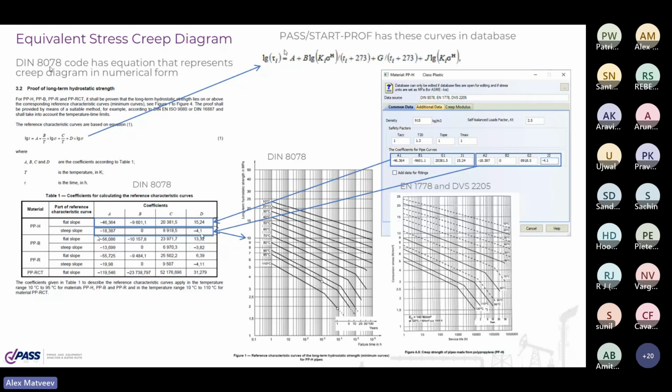And if we substitute those parameters, we will receive those curves for allowable stresses. So here you see the same values as in this code. Okay, so START-PROF just takes those parameters from the DIN, and the same in the European code and the same in the DVS code.